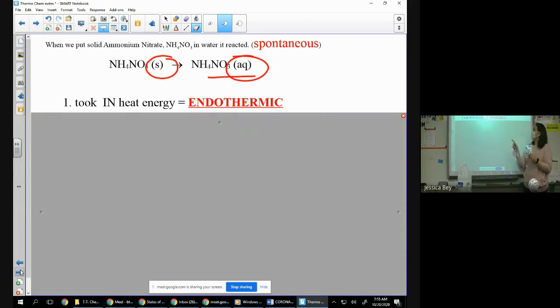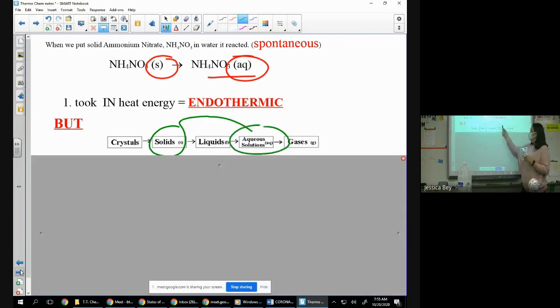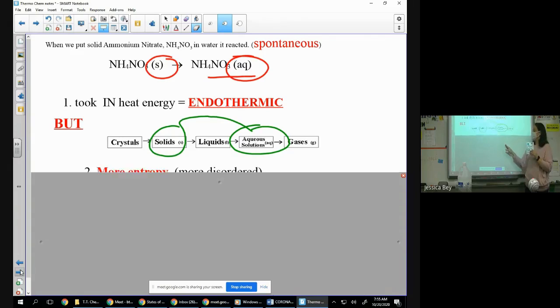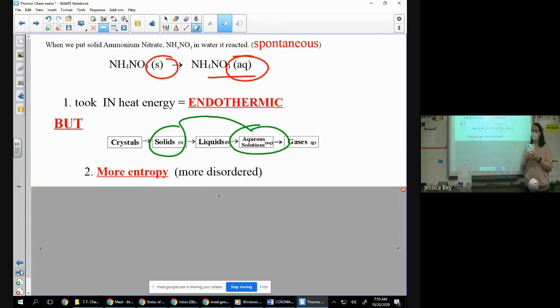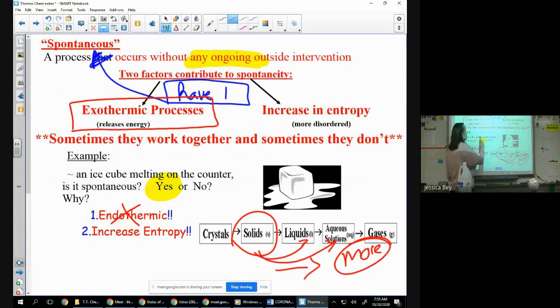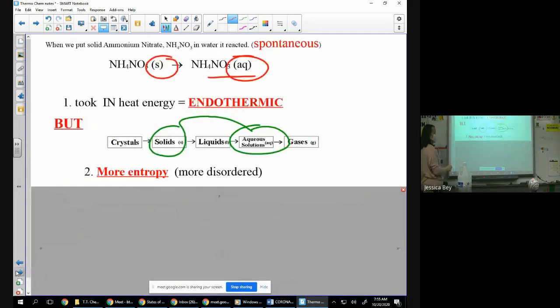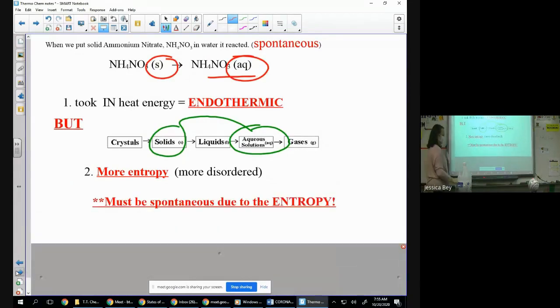What's happening to the entropy if I'm going from a solid to an aqueous solution? Is it increasing or decreasing? The entropy is increasing. So thinking back to your factors here, we either have to be exothermic and/or we have to increase entropy. So the reason why this one is spontaneous is because of its entropy. Very good.